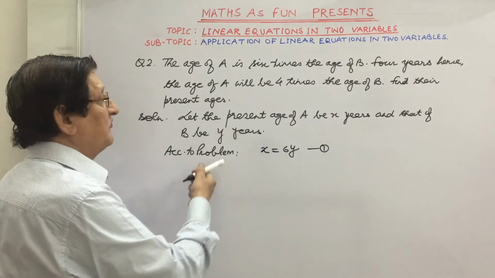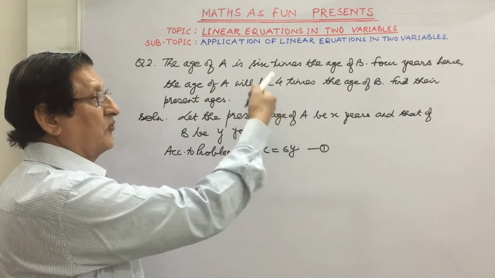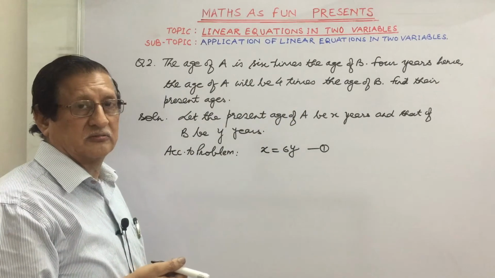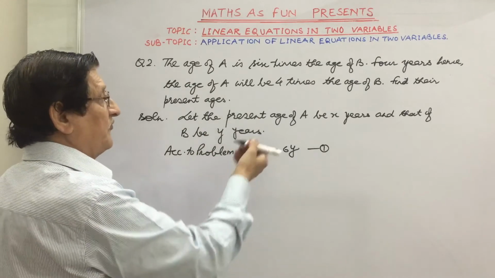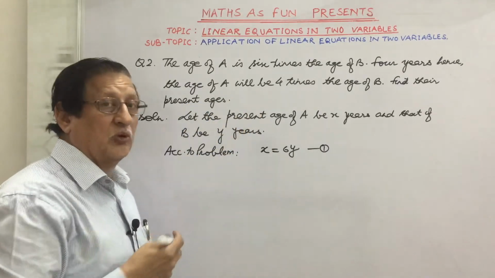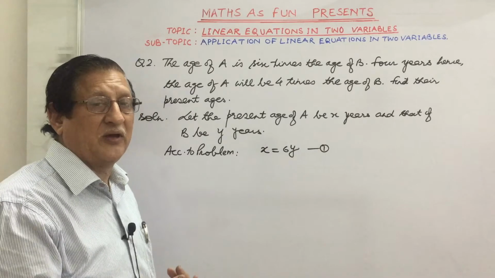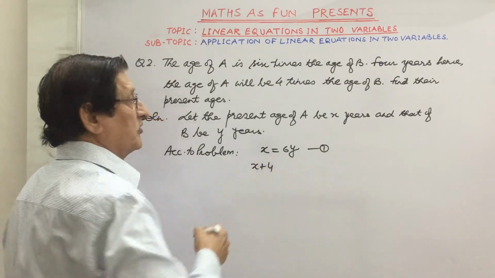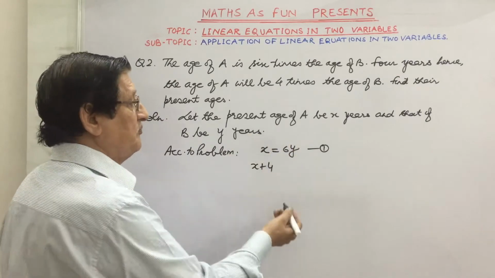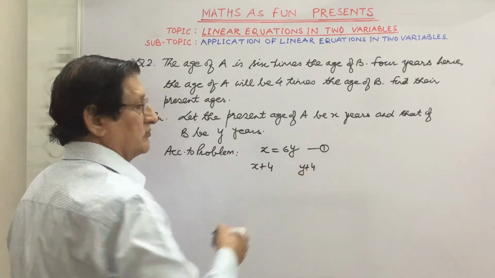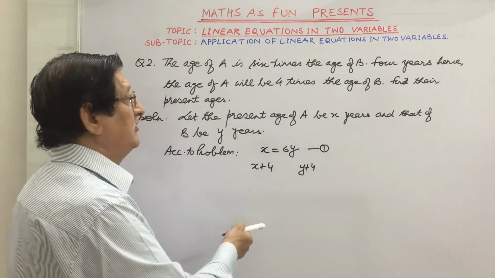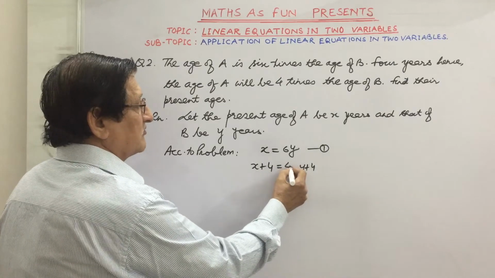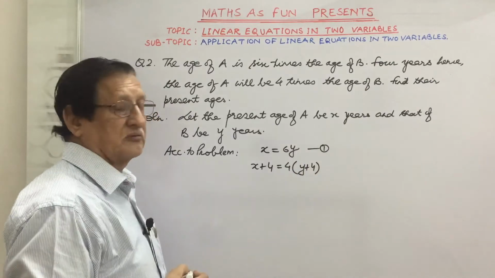The second condition we are having is after 4 years. 4 years hence means after 4 years, the age of both will change. That will be increased by 4. The age of A will be x plus 4 at that time, and the age of B will be y plus 4. And it is given that the age of A will be 4 times that of B, so this will be 4 into y plus 4.